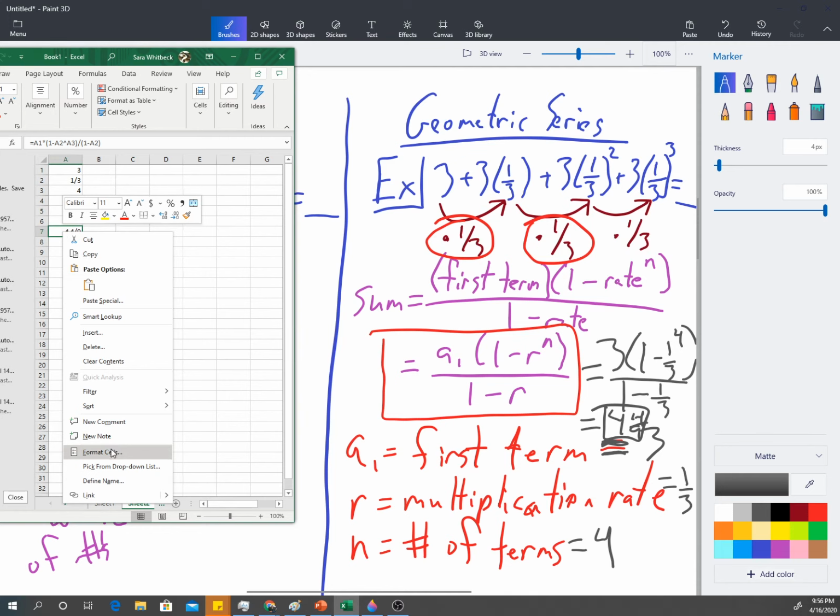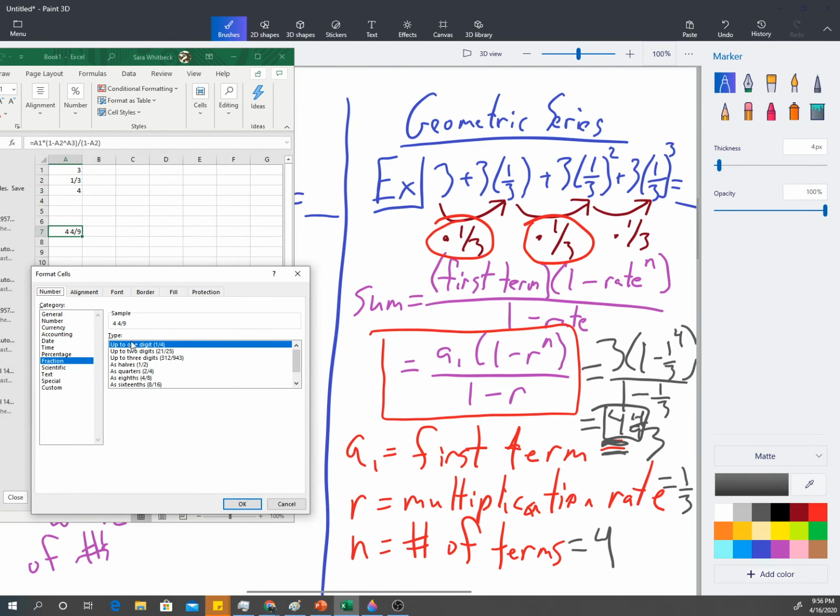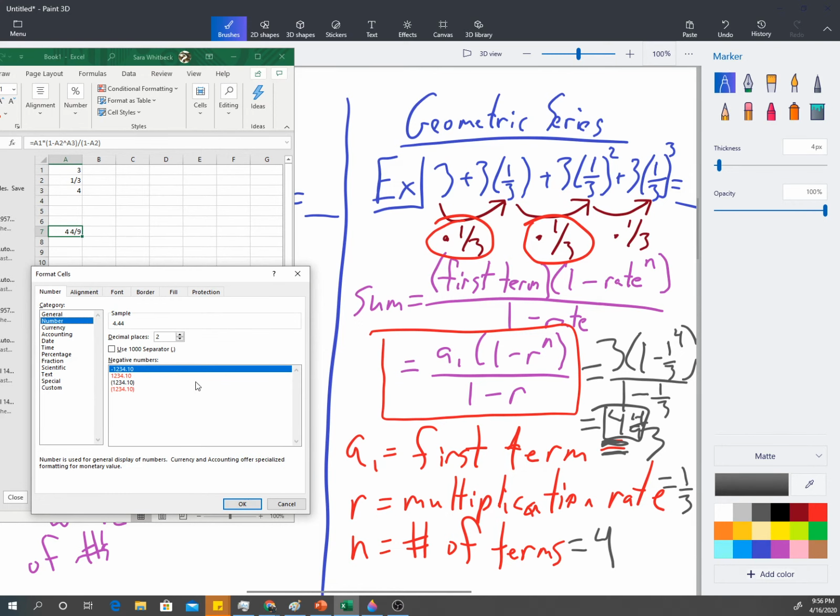I was kind of hoping that there was a way to do it as an improper fraction, but I don't see that. But that's okay. What I'm going to do here now is change that to just a number with some decimal places.